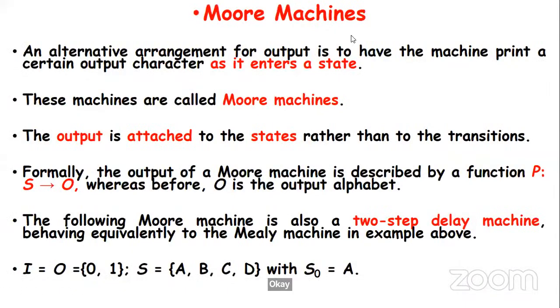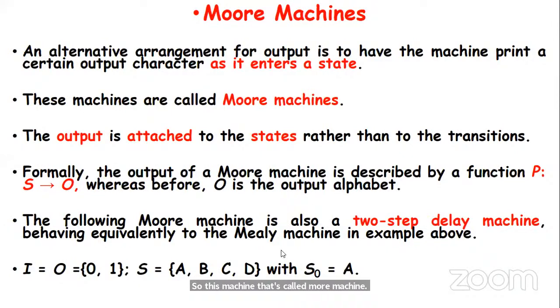So the next one is a Moore machine. An alternative arrangement for output is to have the machine print a certain output character as it enters a state. So these machines are called Moore machines.